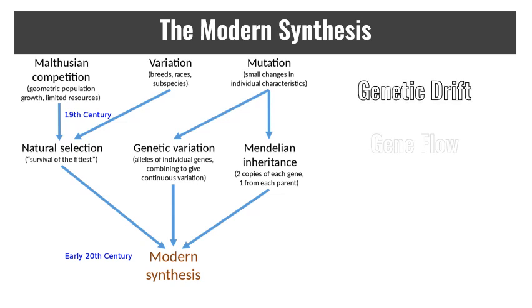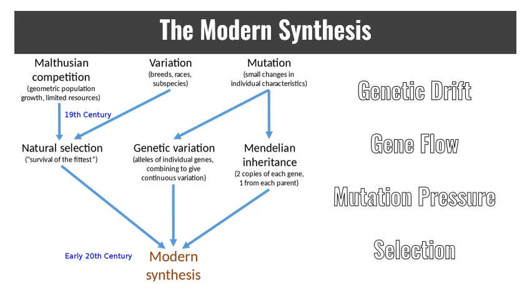Overall, there are four forces that are thought to drive this process. You can see them here on the right. Of these, natural selection, by which the best adapted organisms have the highest survival rate, is the only force that makes organisms better adapted to their environments. Genetic drift describes random changes in allele frequencies in a population.